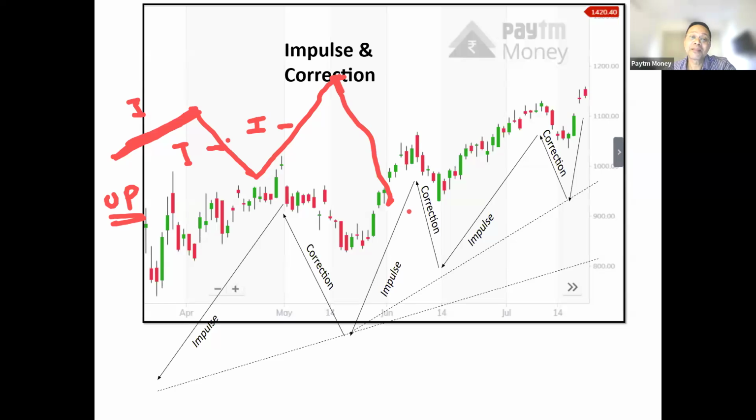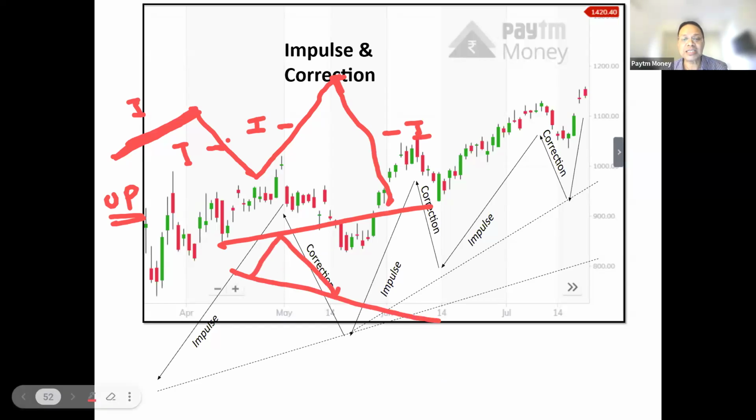So this is also becoming an impulse move. So when we get impulse, impulse, impulse, impulse, this is kind of an expanding triangle. There is no clear trend as such, but the market is moving in an expanding triangle.